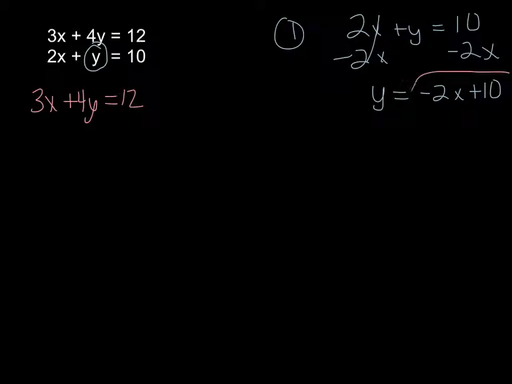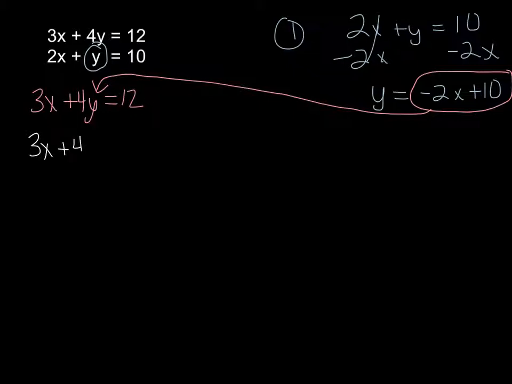So since y is equal to negative 2x plus 10, I'm going to come over here and plug it in for y in my other equation. Okay, so y now has turned into negative 2x plus 10 from my other equation.